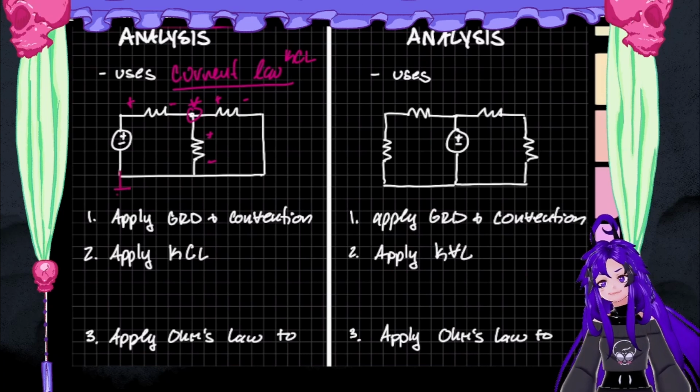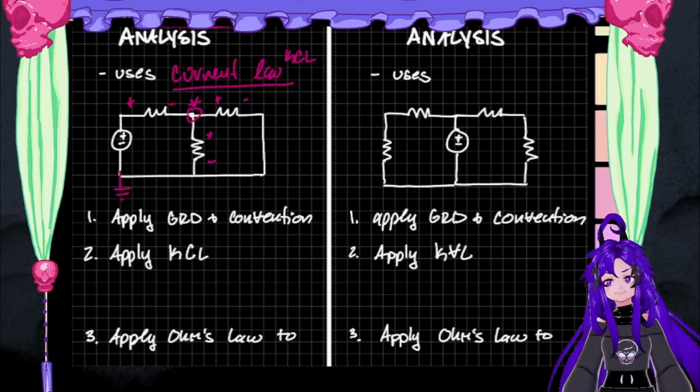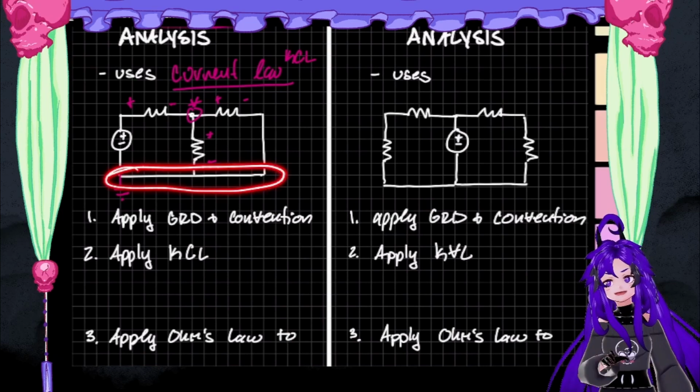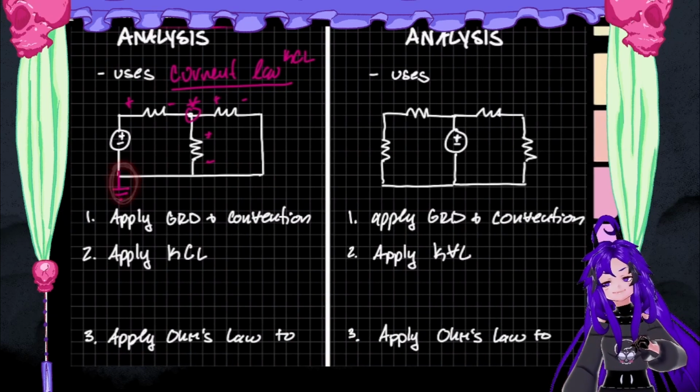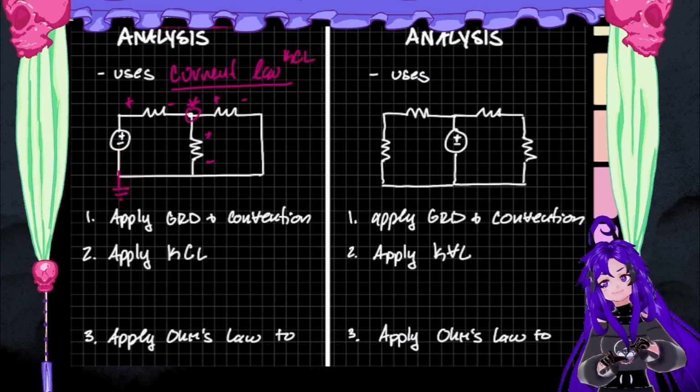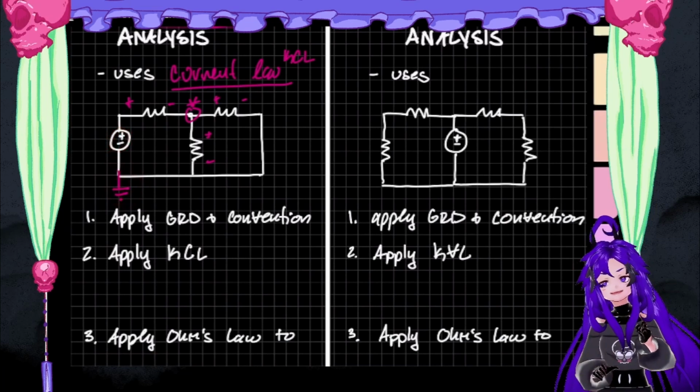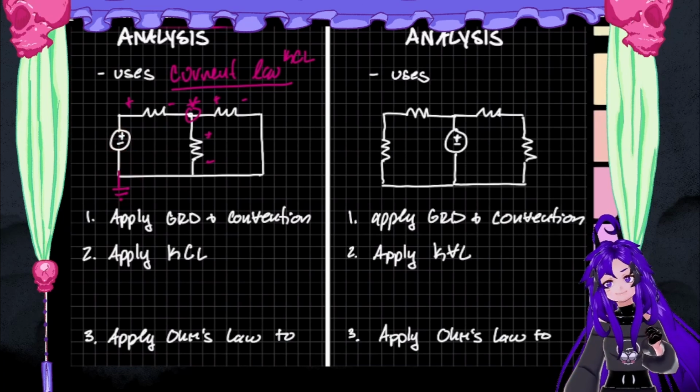We'll put it here. You could put it anywhere along this line, but I'm putting it here because it feeds off of our source, and it feels complete. Then we're going to apply current law.